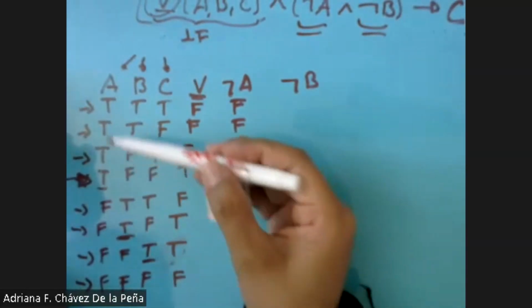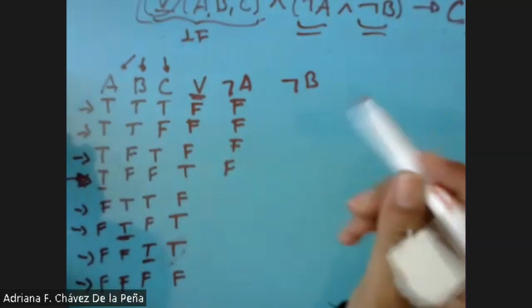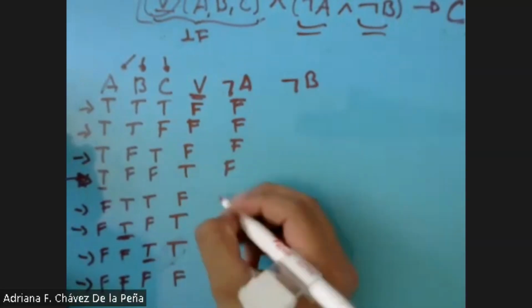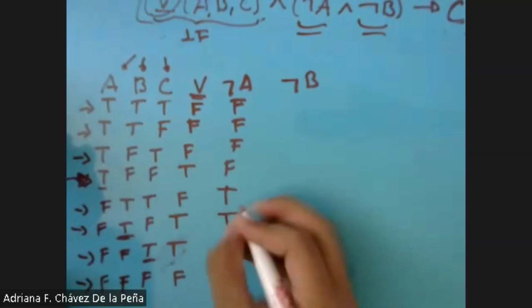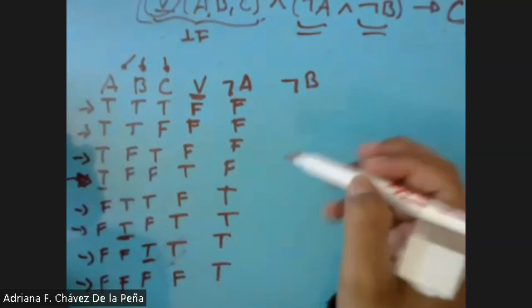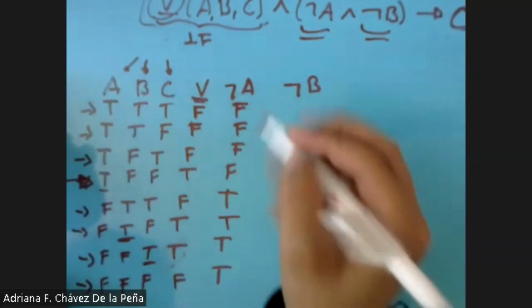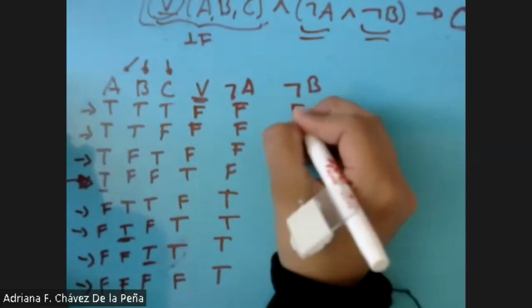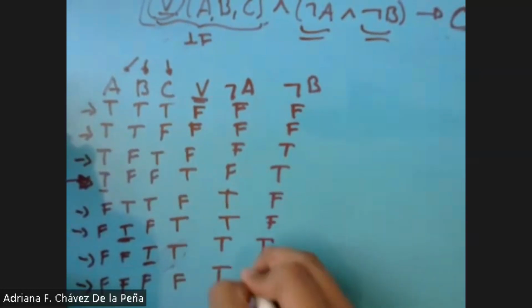Because those are the cases where A is true, and that is exactly what not A means. And not A is going to be true when A is false, right? Because that is what not A means. Now, similarly for not B, we're going to only do it in terms of the truth value for the B atomic proposition. So here we're going to have false, false, true, true, false, false, true, true.